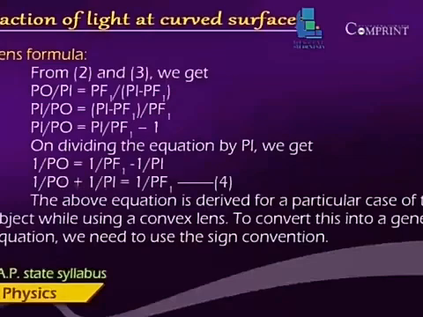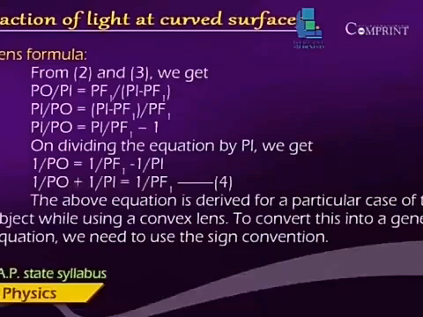On dividing the equation by PI, we get 1 by PO is equal to 1 by PF1 minus 1 by PI. 1 by PO plus 1 by PI is equal to 1 by PF1, equation 4.